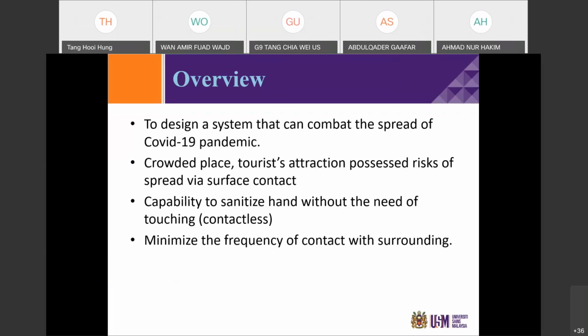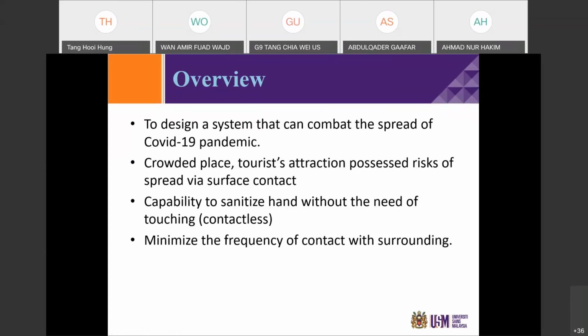We got the topic to design a system that can combat the spread of the COVID-19 pandemic. Crowded places such as tourist attractions pose the risk of spread via surface contact, and the capability to sanitize hands without the need of touching, for example contactless, is compulsory.